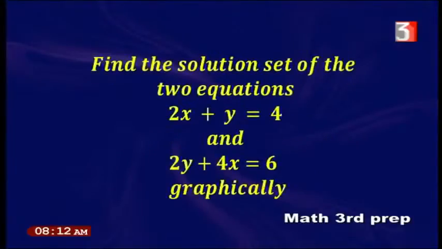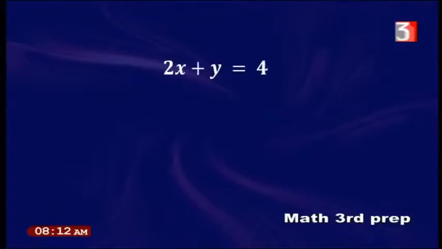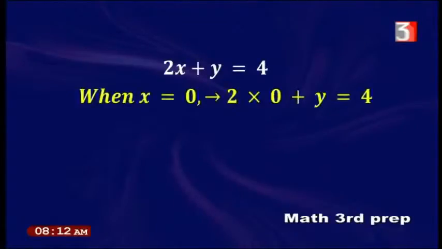Find the solution set of the two equations 2x plus y equals 4 and 2y plus 4x equals 6 graphically. First of all, I want you to notice that for the first equation, when x equals 0, then 2 times 0 plus y equals 4, so y equals 4.